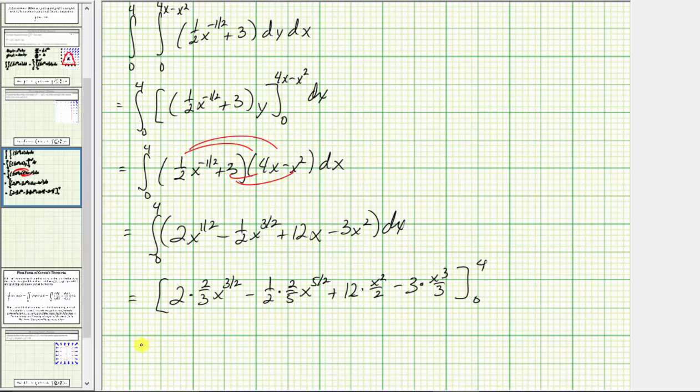Let's go ahead and simplify this. We have 4/3 x to the 3 halves. Minus, simplifying here, we get minus 1/5 x to the 5 halves, plus 6x squared minus x cubed. Let's go ahead and finish on the next slide.